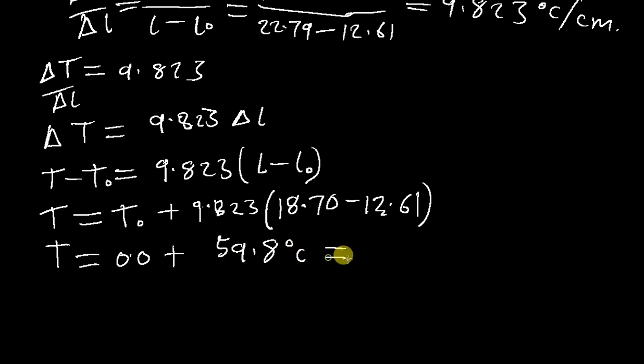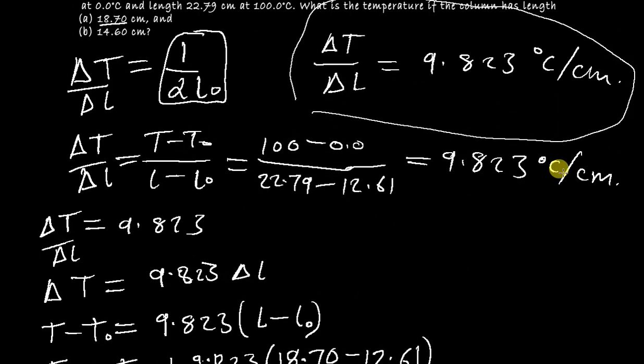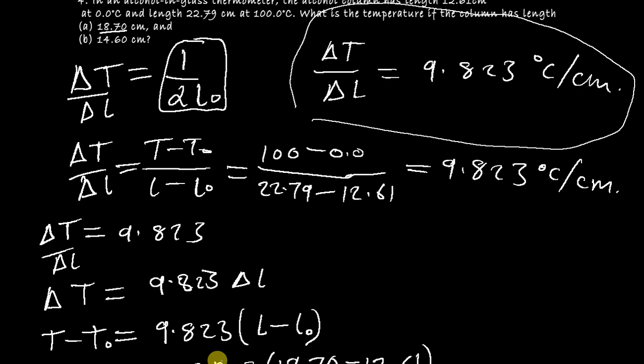So in the first case there, the temperature that they wanted is that, and then the next temperature that they want is T of the length, which is 14.6 according to the question. The length is 14.6, this one here.